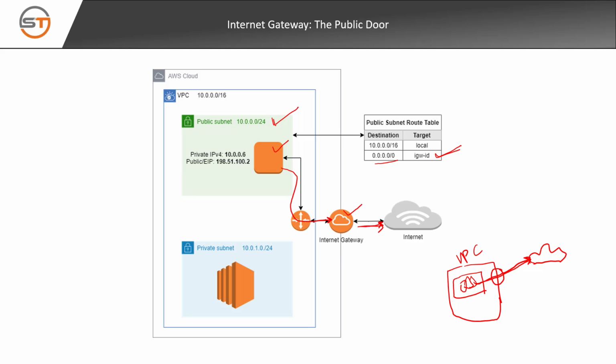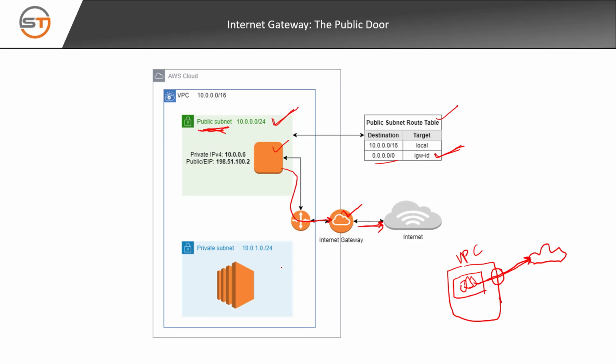If the subnet's route table has an entry with the target as the internet gateway, then that subnet is called a public subnet, because instances from that particular subnet can connect to the internet.